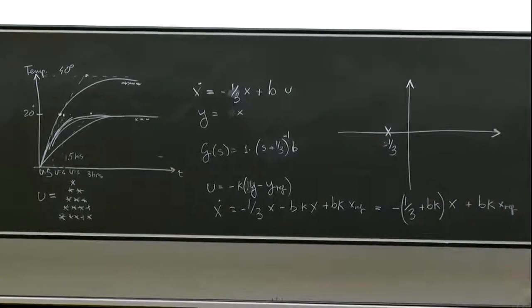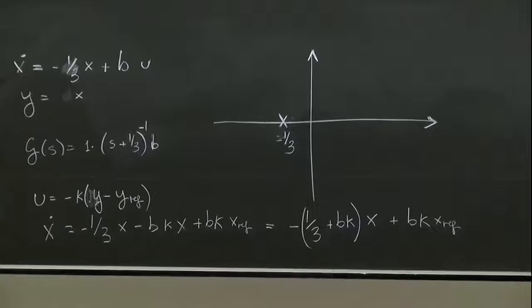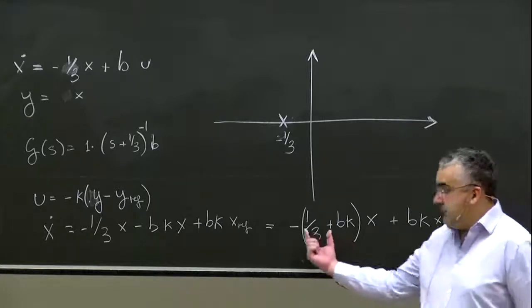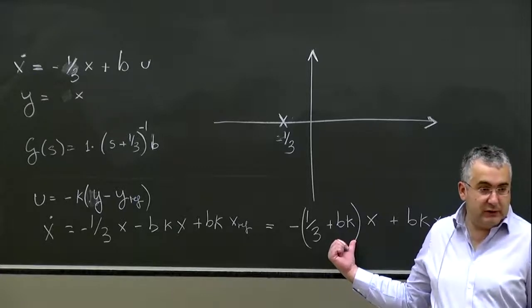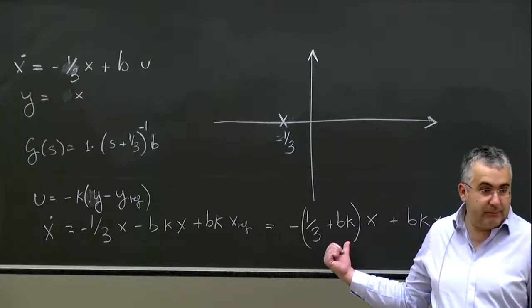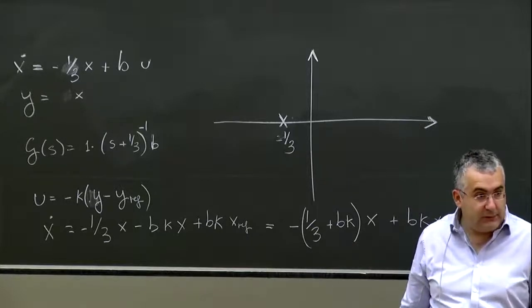So in a sense, this X reference has become your new input, right? But what has happened to the eigenvalue of your system? It was minus 1/3 before. If you keep K equal to 0, it remains at negative 1/3. But if you make K larger and larger, what happens to this eigenvalue?